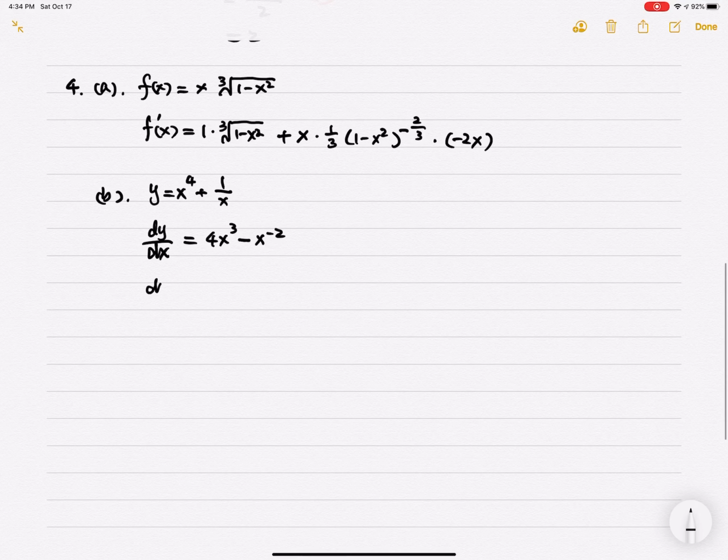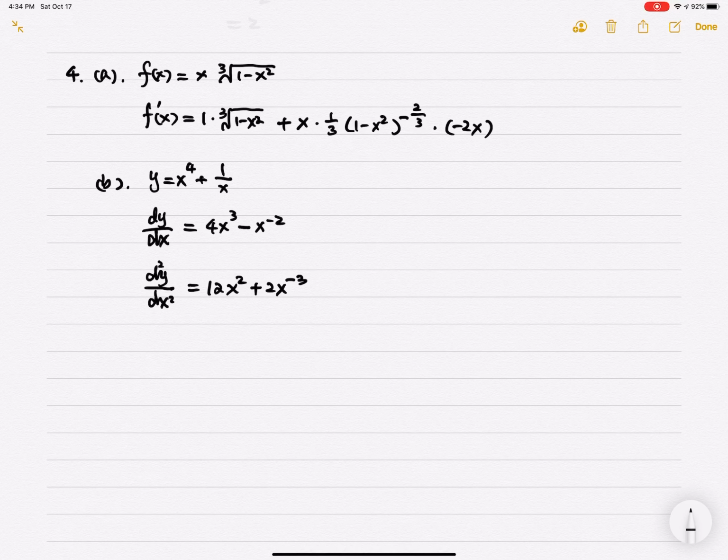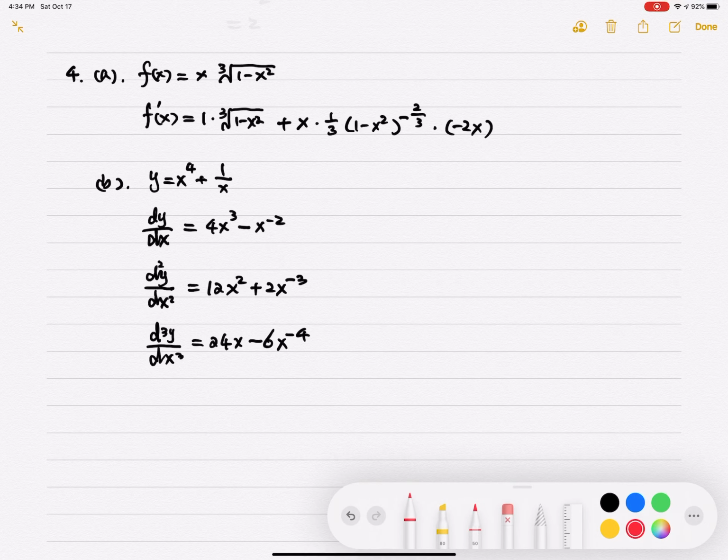And then the second derivative is equal to 12x squared plus 2x to the negative 3. And then the third derivative is 24x minus 6x to the negative 4. So it's like that. Okay, so that's what we ask you to find.